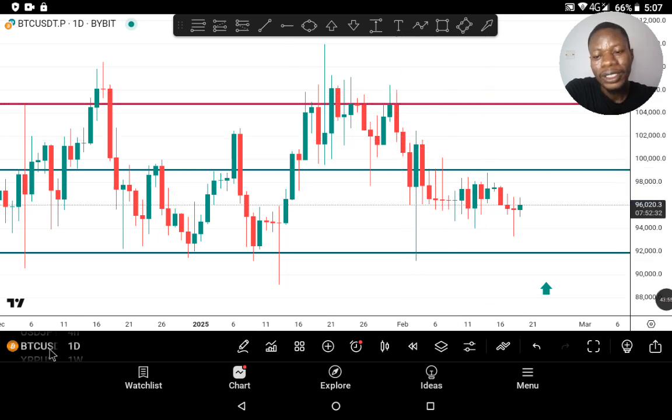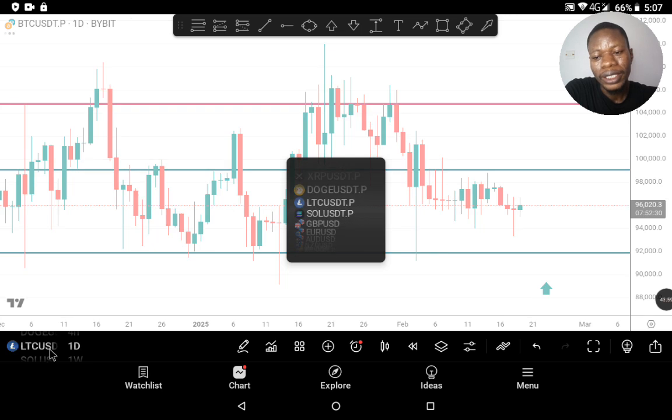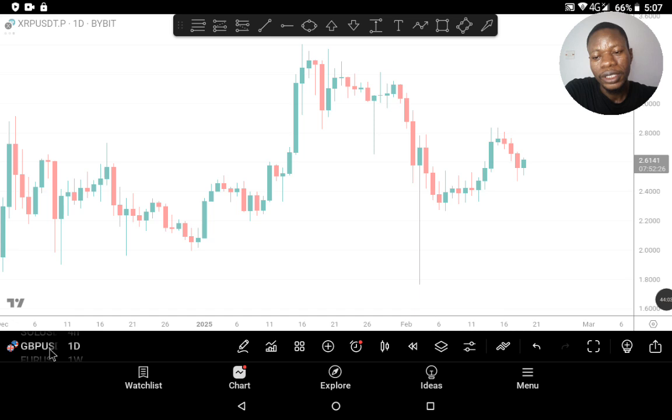So let's look at another structure on Forex. Let's see the application on Forex. We'll be using GBP USD as an example.